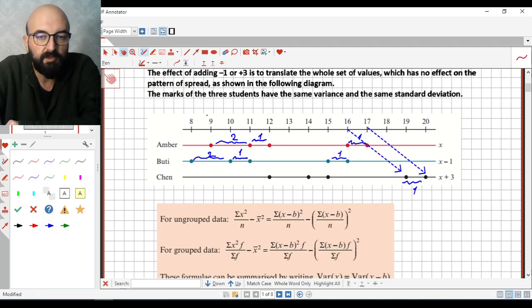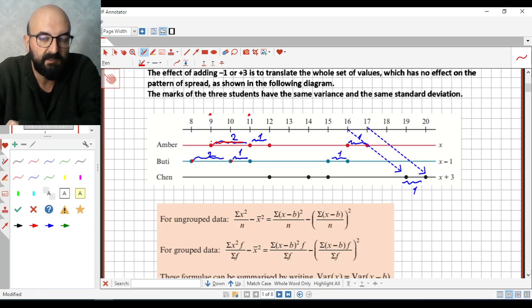So if you look at their interval, for example, the interval between 9 and 11, these are Amber's marks. So Booty's marks are 8 and 10, and the interval is 2.